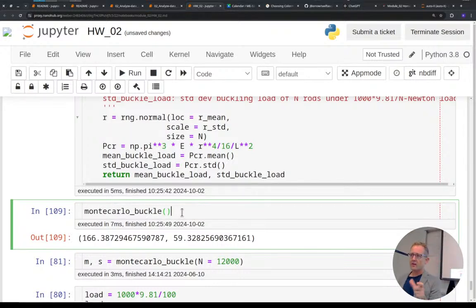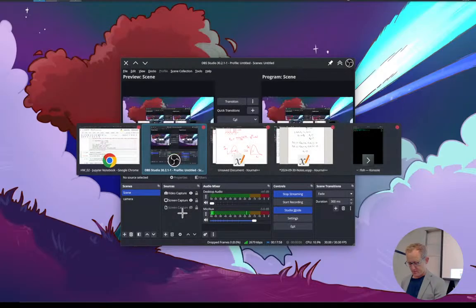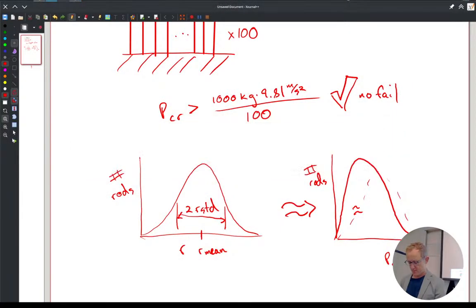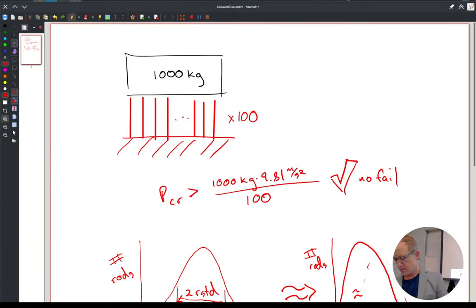And the number that I'm comparing this to is that 1,000 kilogram structure. So I have 1,000 kilograms held up by 100 steel rods.